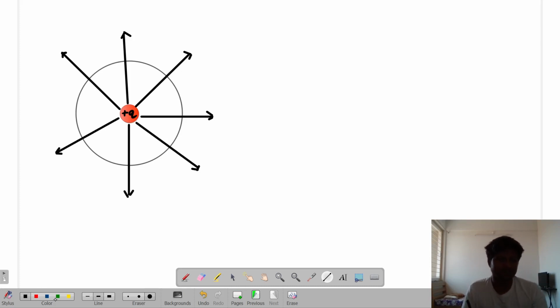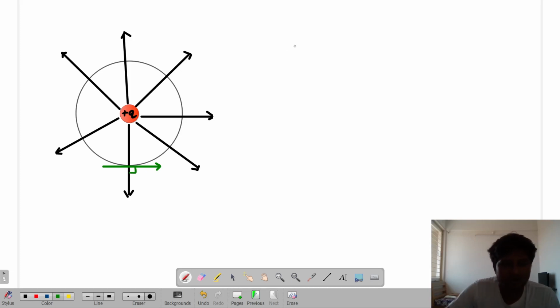Now you see that when I draw the tangent of this circle at any point, you see that these electric field lines are perpendicular to this tangent or not.